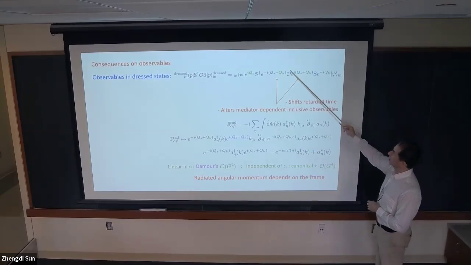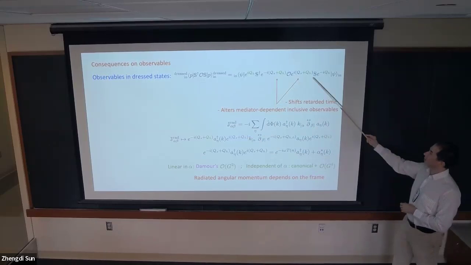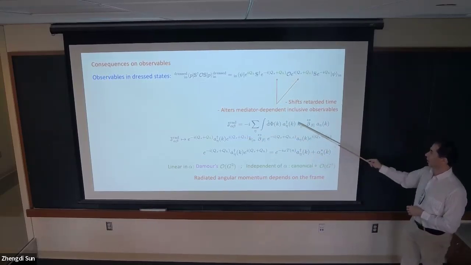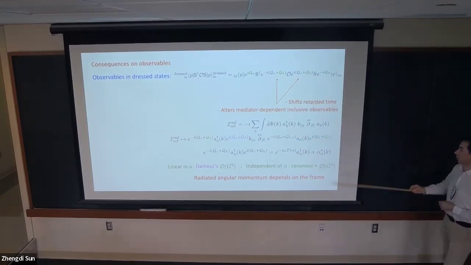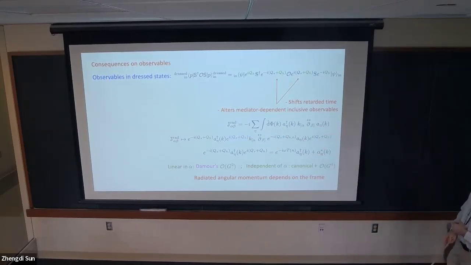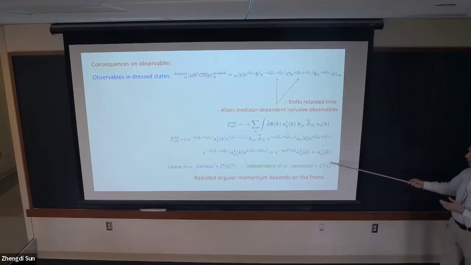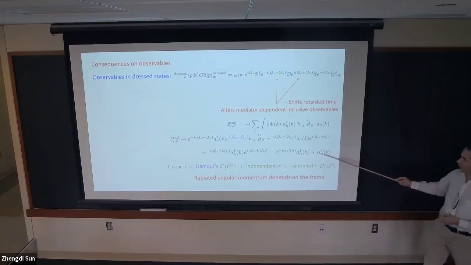So if one takes this to be just the radiated angular momentum, then these objects act on the graviton creation operators in the radiated angular momentum, and they shift it by a constant. Well, it's not only a constant, it's a constant that depends on the momentum.